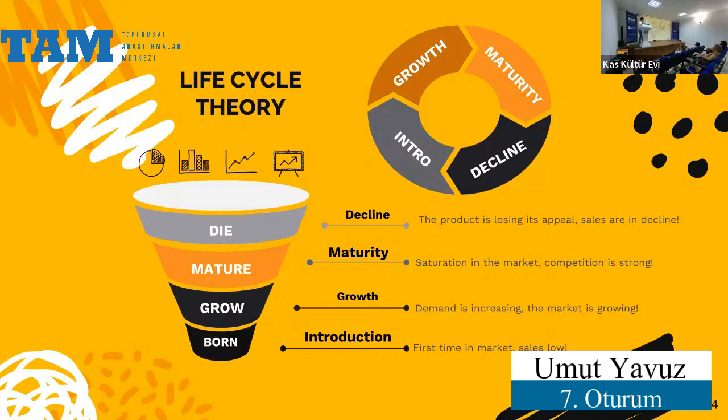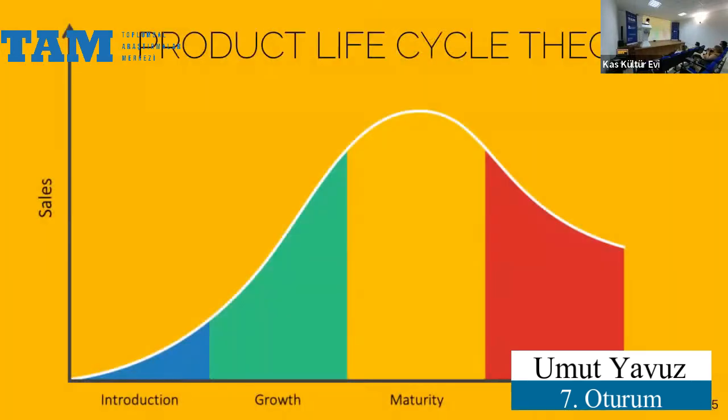The demand is increasing, the market is growing, and it matures. The market reaches saturation, and competition is very strong because there are rivals now. Then the decline comes, the product is losing its appeal, and sales decline. So in that graphic, we can see the product life cycle theory.